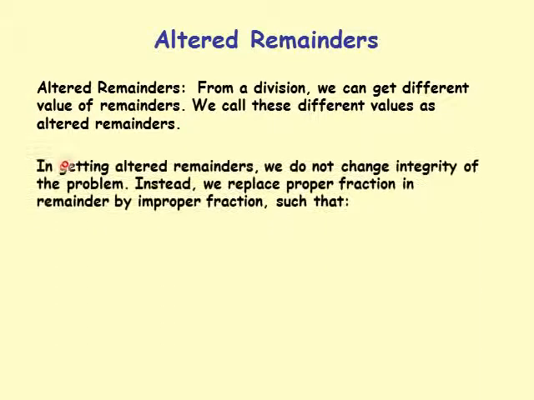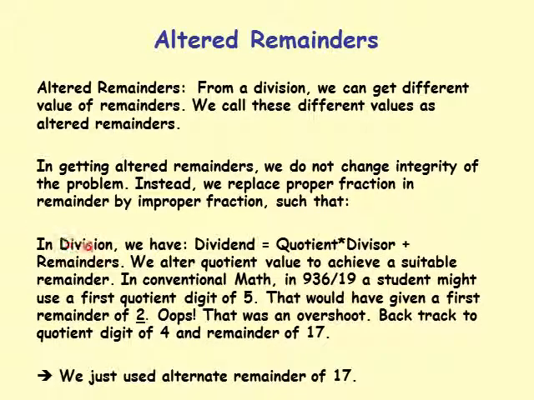In getting altered remainders, we do not change the integrity of the problem. Instead, we replace the proper fraction in the remainder by an improper fraction, such that in division we maintain the integrity: dividend is equal to quotient times divisor plus remainder.